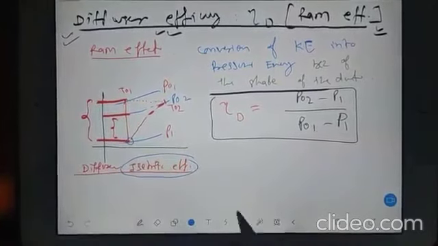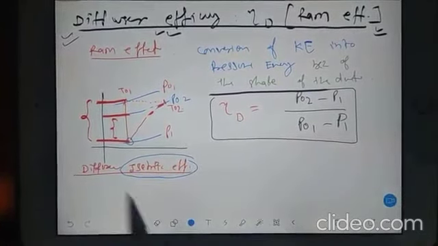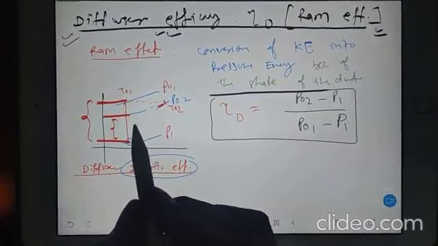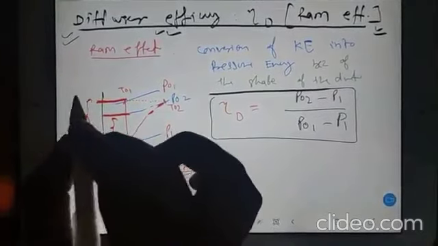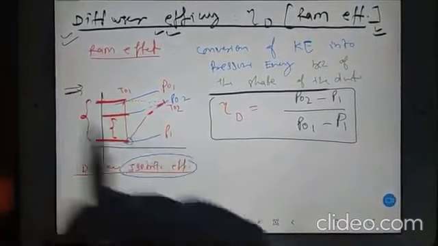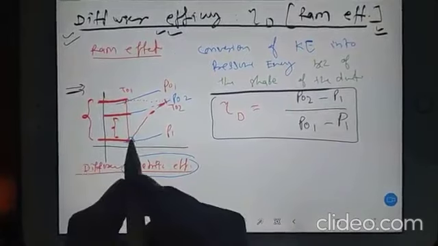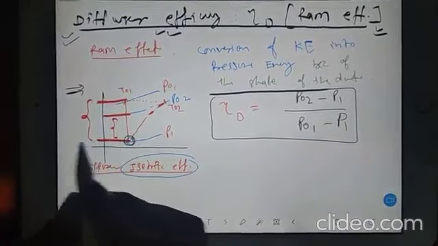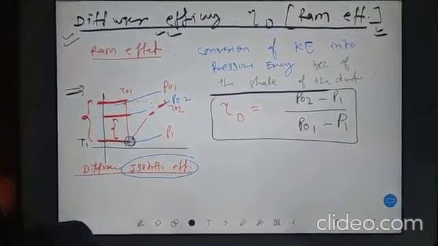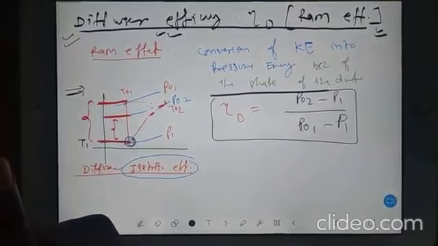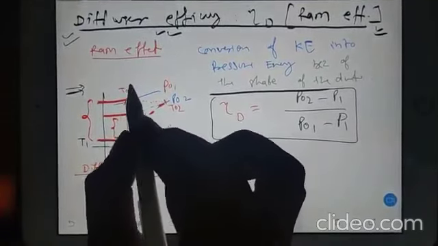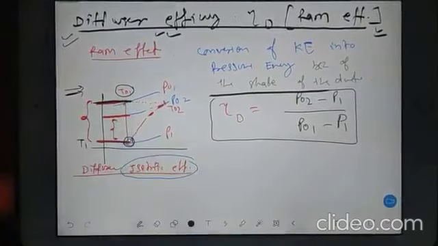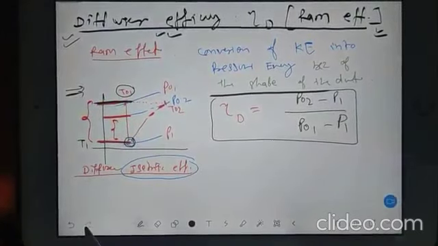I will change this diagram, follow the same diagram. We started from here at a certain temperature T1. In the ideal case, we go to this point isentropically.